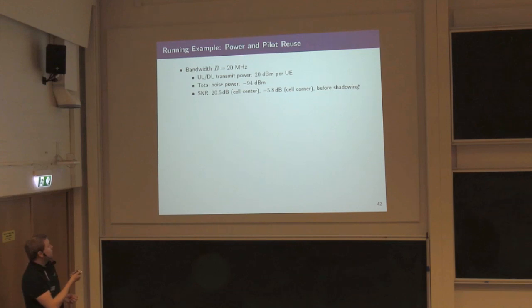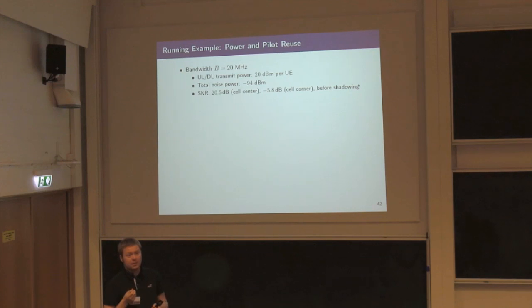And I selected some values for the transmit powers, 20 dBm per user, noise power minus 94 dBm. dBm is, by the way, dB of milliwatt. So this is 100 milliwatt. And you have a bandwidth of 20 megahertz. The exact numbers here are not so important. The important thing is what kind of signal to noise ratio you're going to get. For a user in the cell center, very close to the base station, I allow them to be 35 meters from the base station.